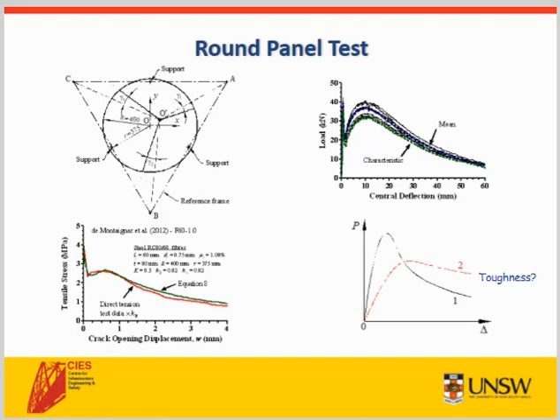Just on the issue of this idea of toughness, the residual tensile strength of the round panel test specimens has traditionally been expressed in terms of joules, which is the area under the load versus central displacement curve.